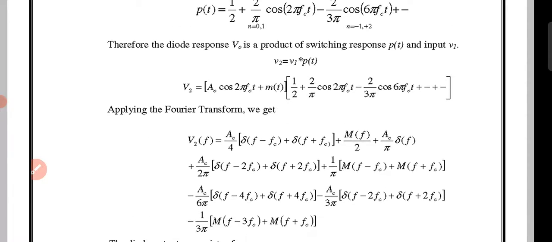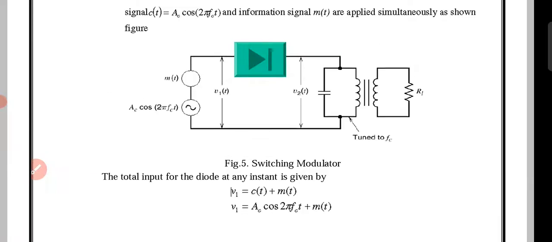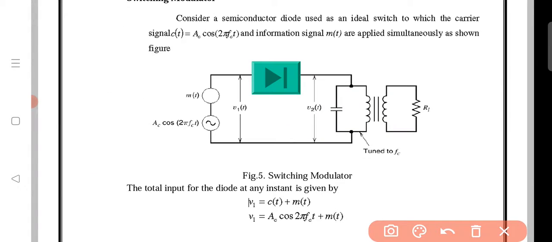Here the input side has m(t) plus c(t) present, but to operate the diode, the amplitude of the carrier does that work.